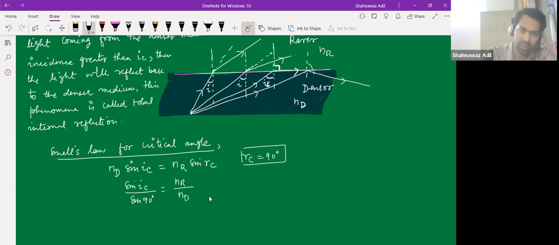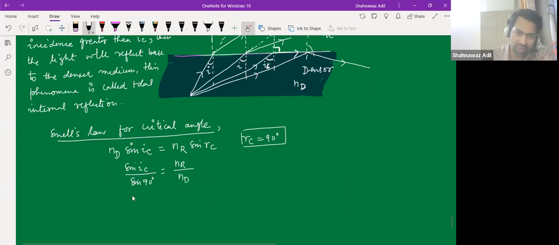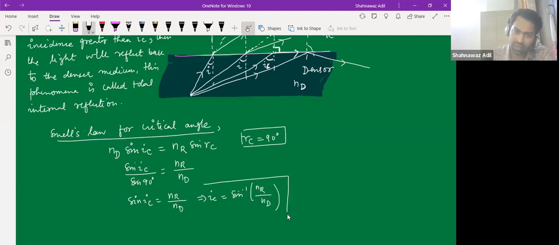So then this would be sine IC. Sine 90 is 1, so sine IC is N_R divided by N_T. So IC would be sine inverse of N_R by N_T. This is the critical angle, right?